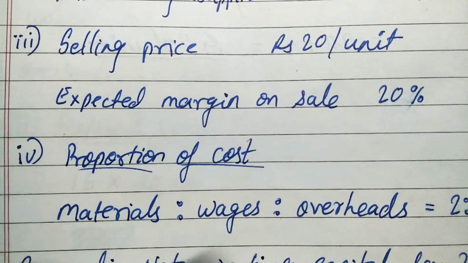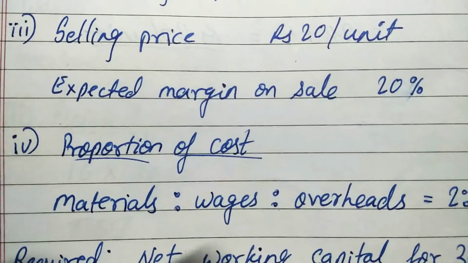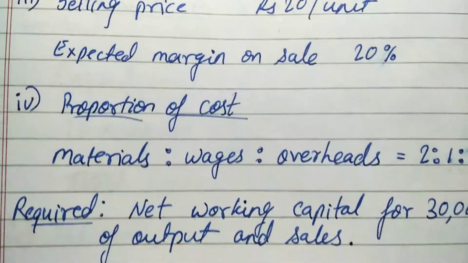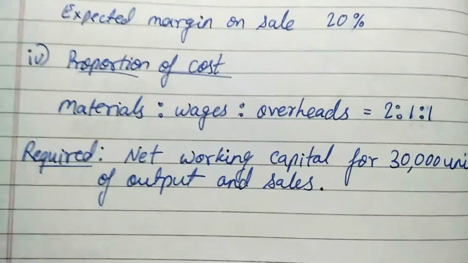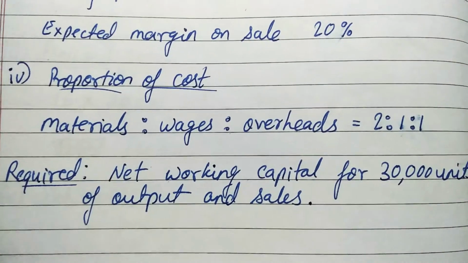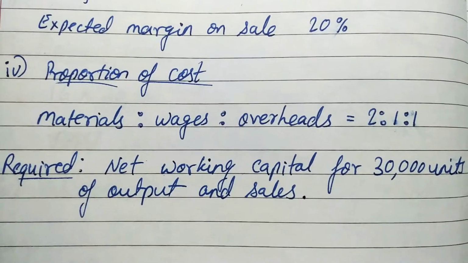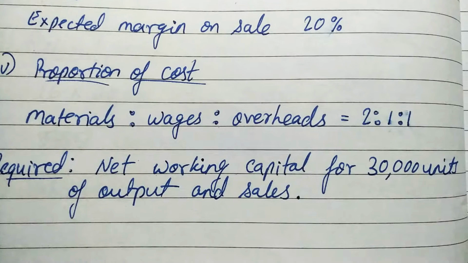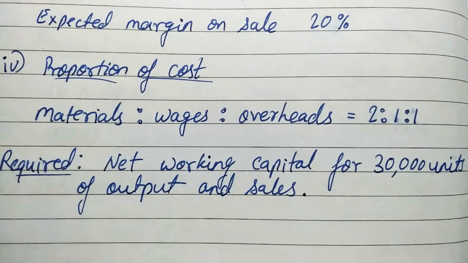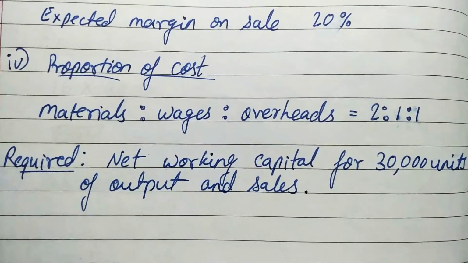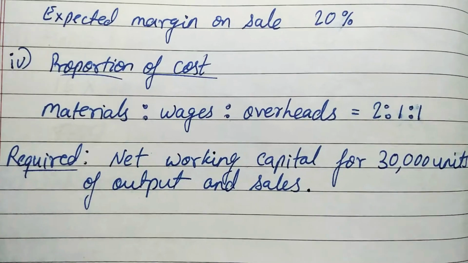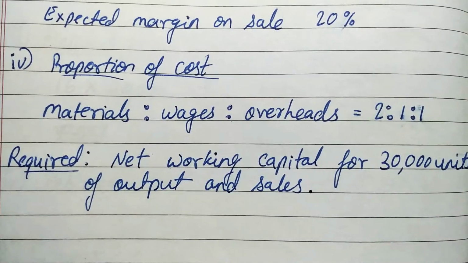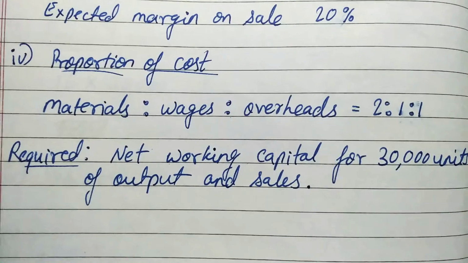So 20% of 20 rupees would be the profit, and the cost is not given to us. However, what they have mentioned is the proportion of cost. The proportion of cost, materials to wages to overheads, is 2:1:1. That means out of the total cost, 2 parts is material, 1 part is wages, and an equal part is overheads.